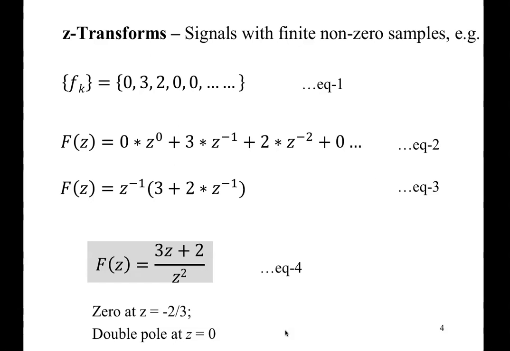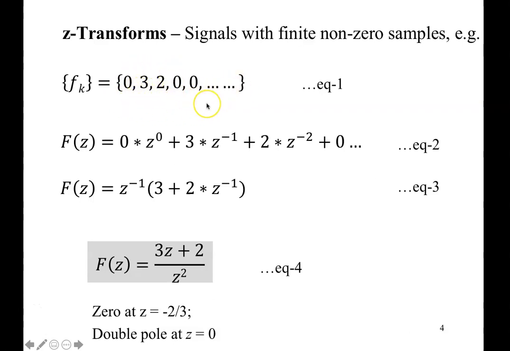Okay, let's look at some examples of Z transforms. Because the definition is so straightforward, finding the Z transforms is not that hard. If I have signals with finite non-zero samples, so for example, the only non-zero numbers in this sequence are the second one and third one.